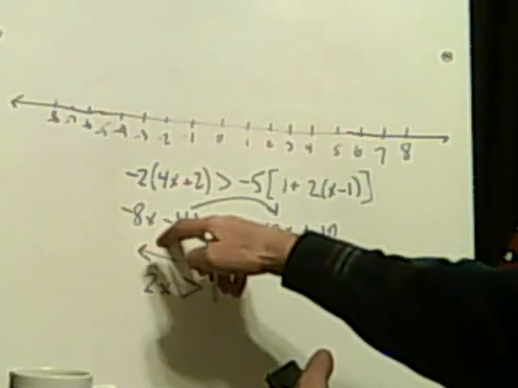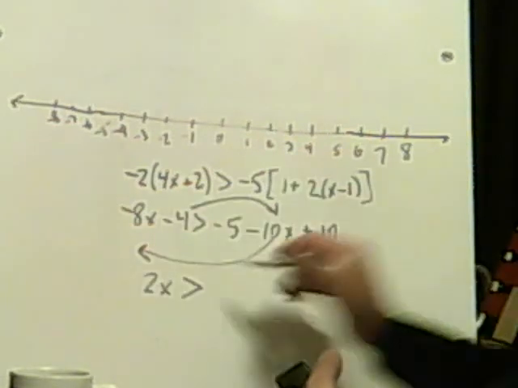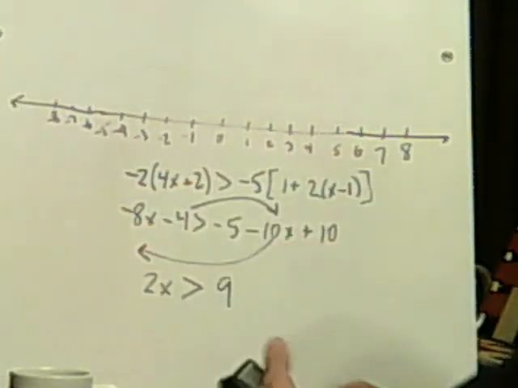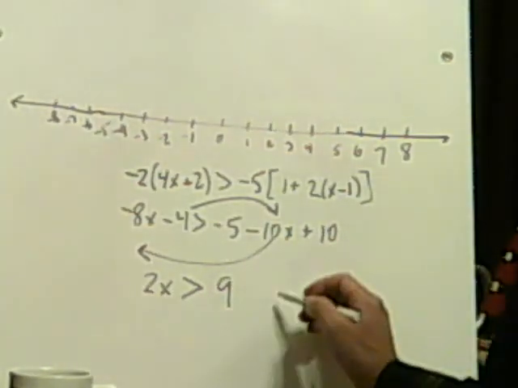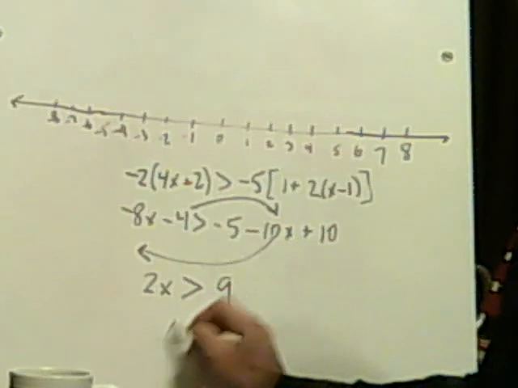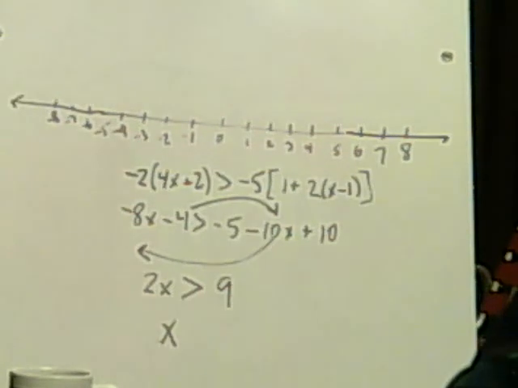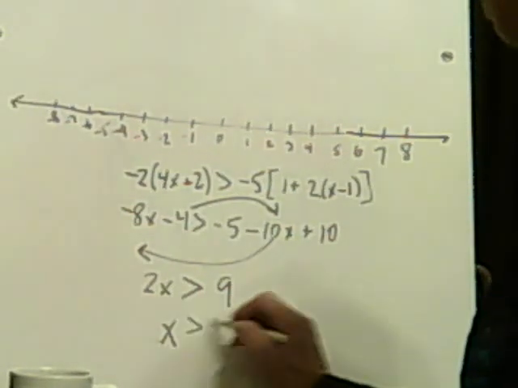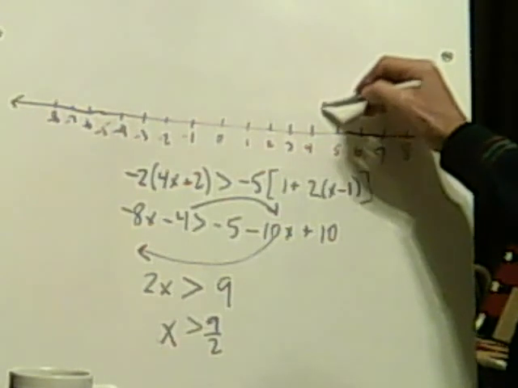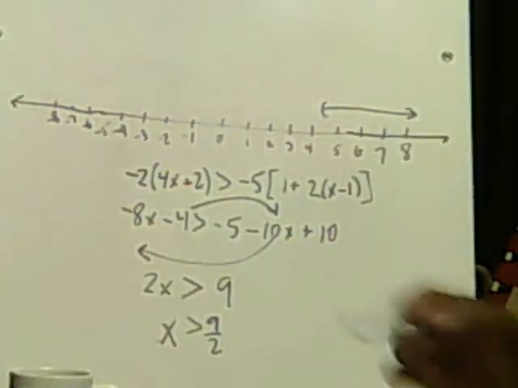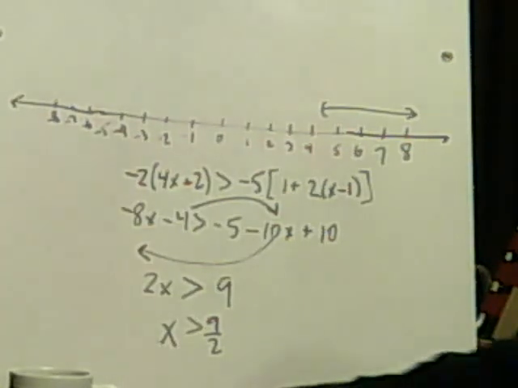And the negative 4 comes over as positive 4, so it all comes over as 9. And therefore, x is going to be greater than 9 over 2, which is 4.5. So 4.5, that's going to look like that. Okay, and that's number 34.